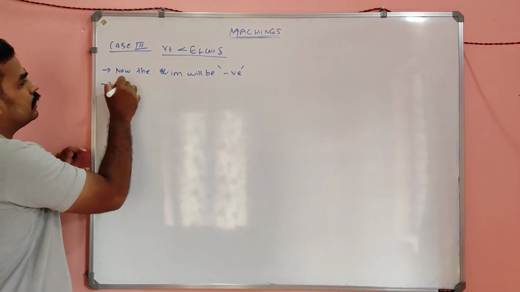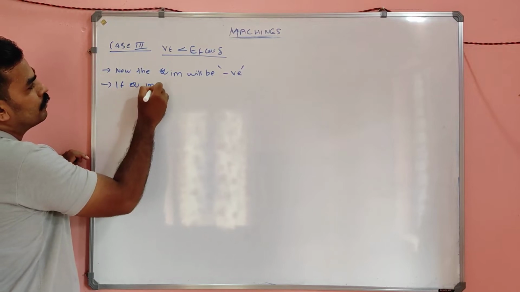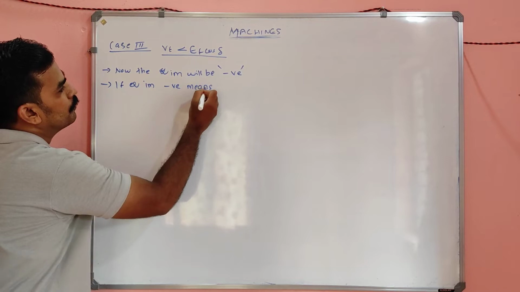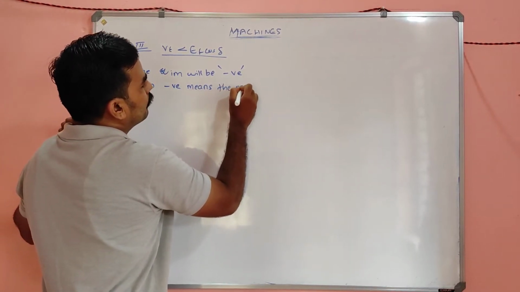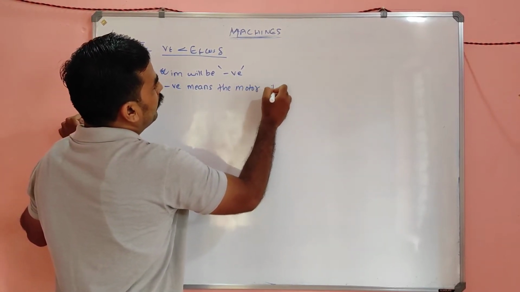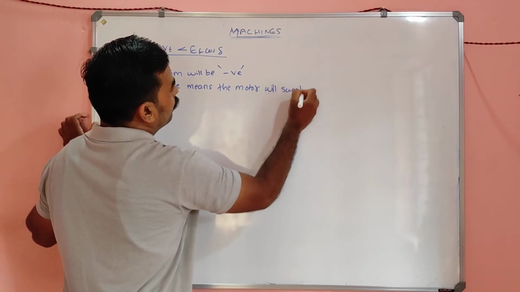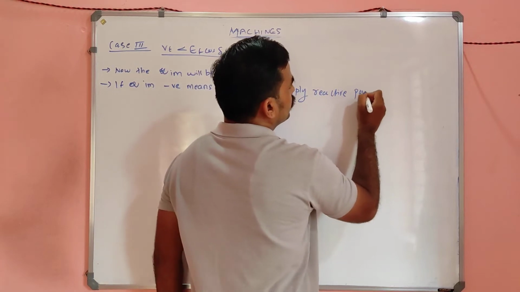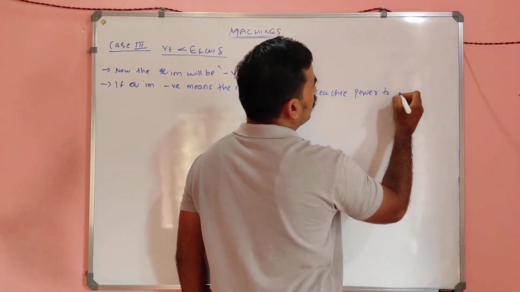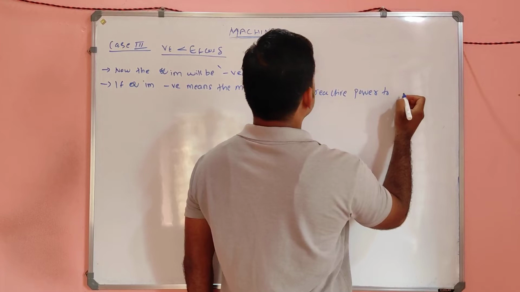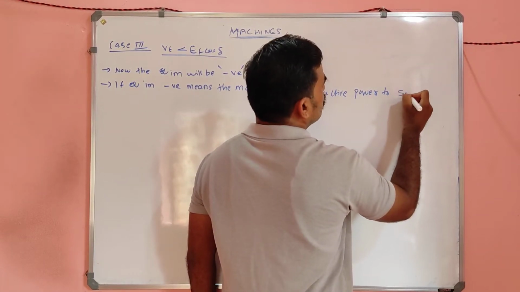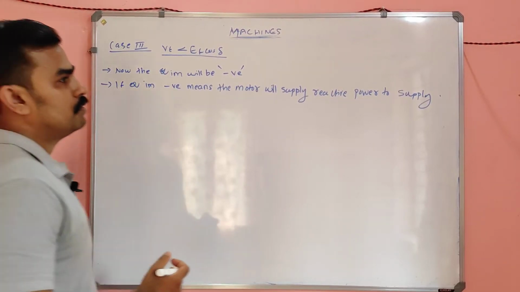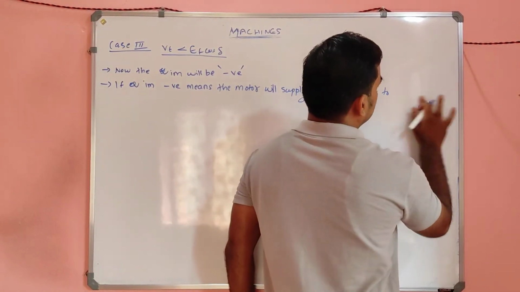If Q input is negative, it means the motor will supply reactive power to the supply. Supply or source? Source is the correct word.